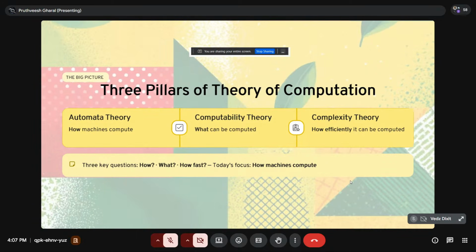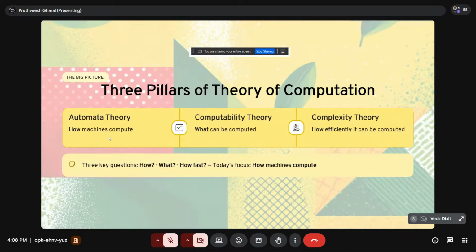It answers how machines actually compute. Inside of this, we have our abstract models of machines. We basically ask how machines compute on the most basic scale. Without any external hardware, how do machines conceptually compute? This is what automata theory answers.